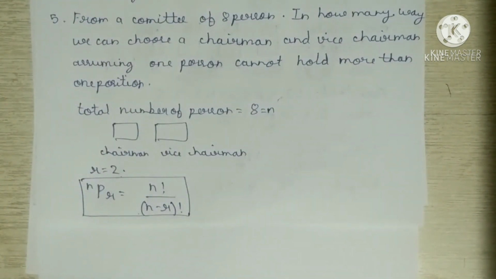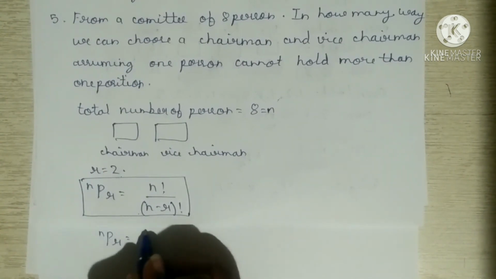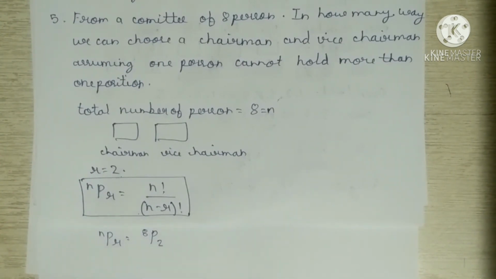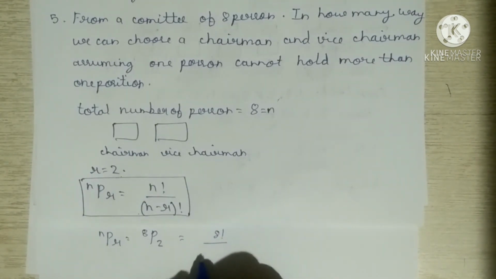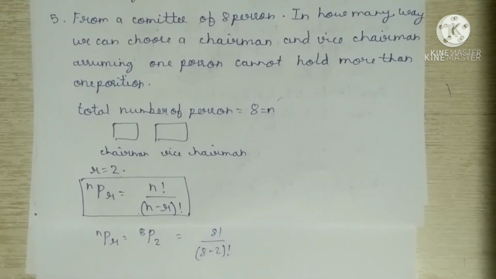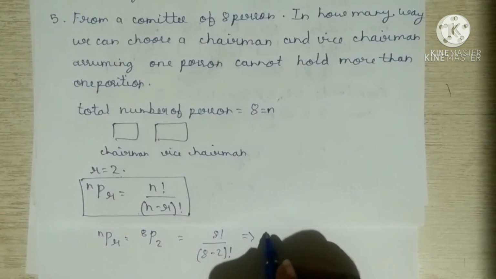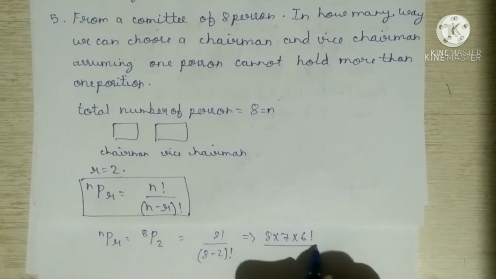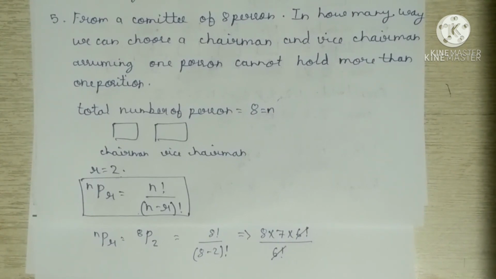Substitute in the permutation formula, n is equal to 8, so nPr is equal to 8P2. Substituting, you will get 8 factorial by (8 minus 2) factorial. 8 factorial can be written as 8 into 7 into 6 factorial. 8 minus 2 is 6 factorial, so the 6 factorials cancel.